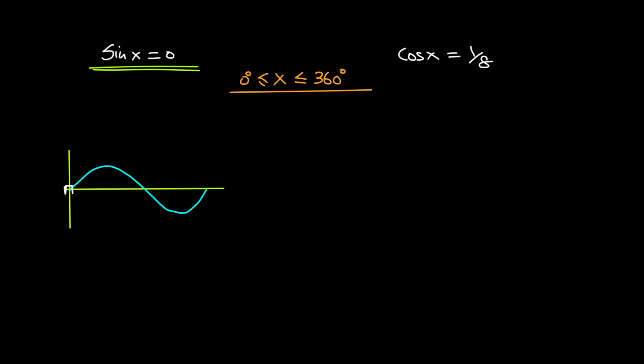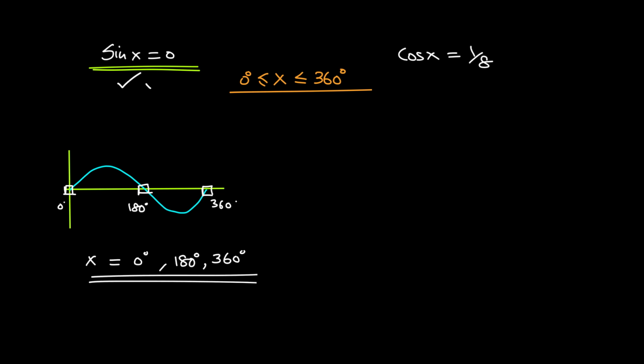It starts at 0, ends at 360 degrees. That is the first thing that you need to label. In between is 180 degrees. Therefore, the solutions from here are x is 0, x is 180, x is 360 degrees. These are the three solutions that you obtain from this portion.